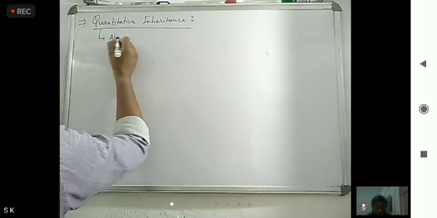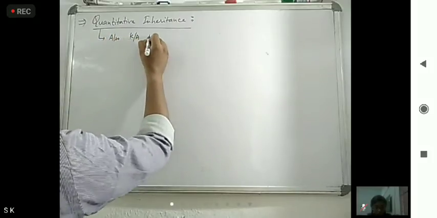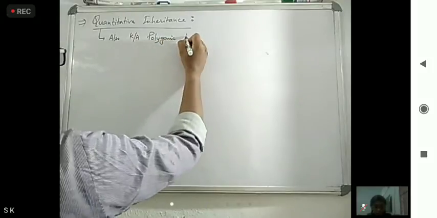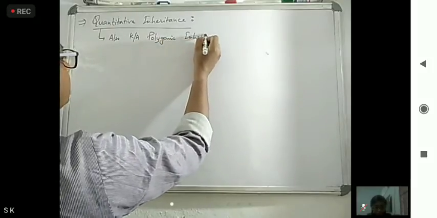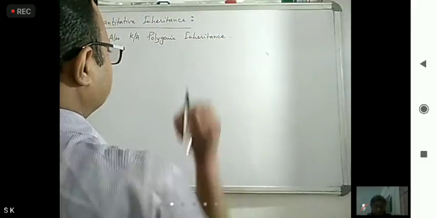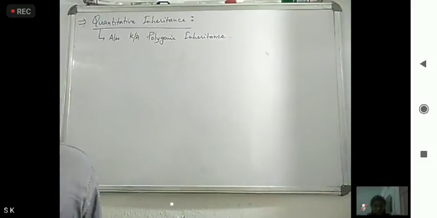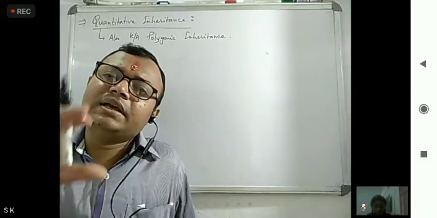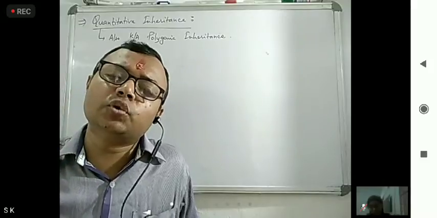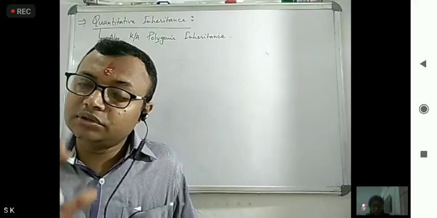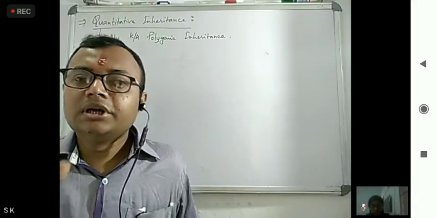Also known as polygenic inheritance. Okay, also known as what? Polygenic inheritance. Now, here what happens? Inheritance is controlled by more than one gene. What I told, just give attention.